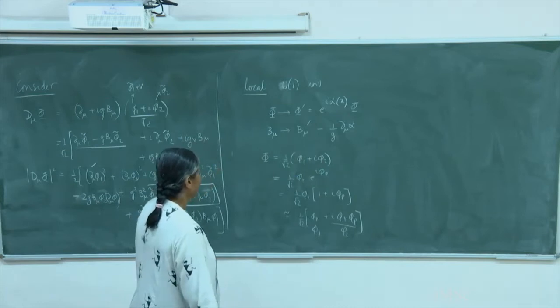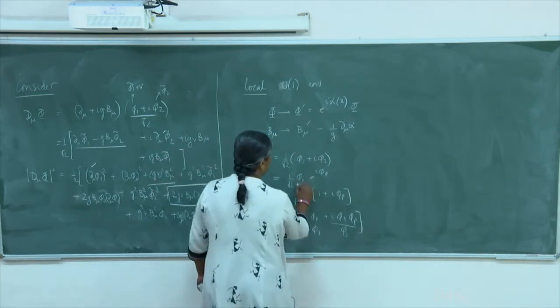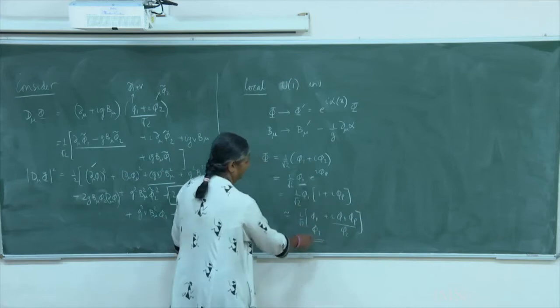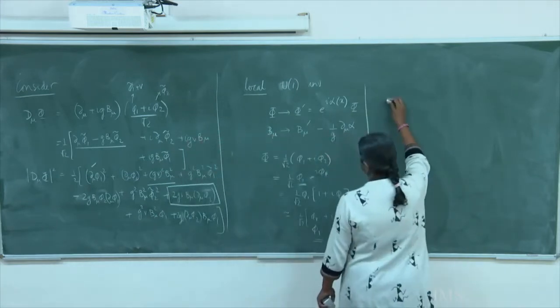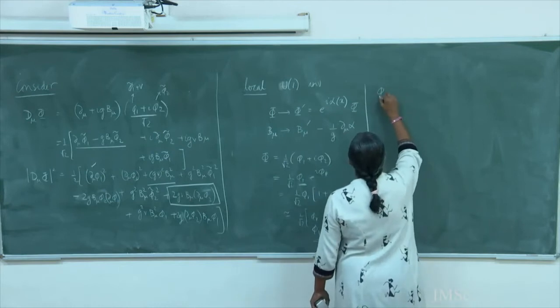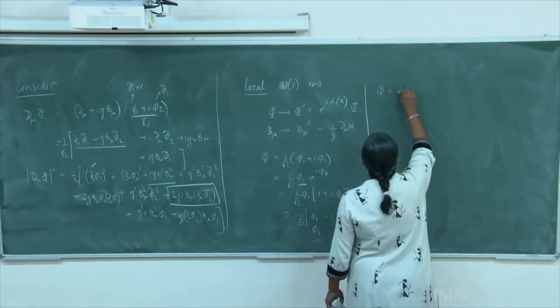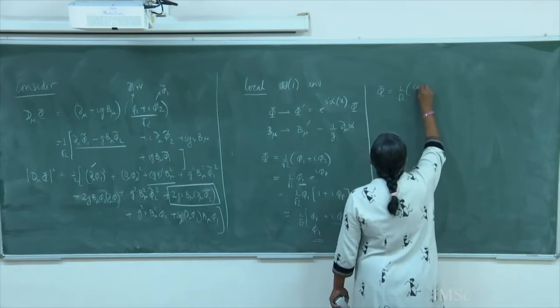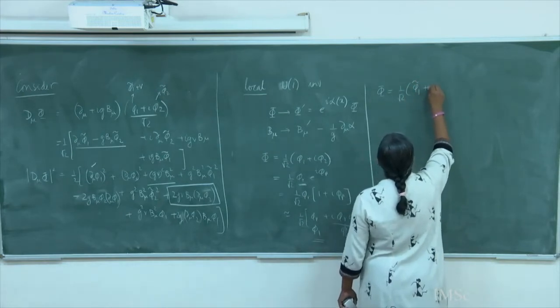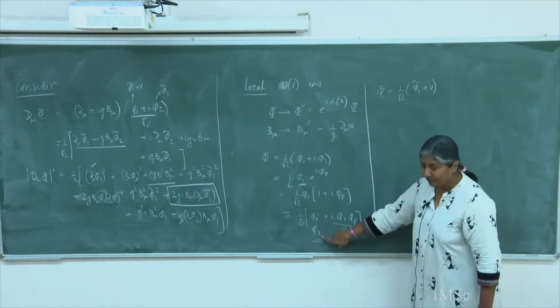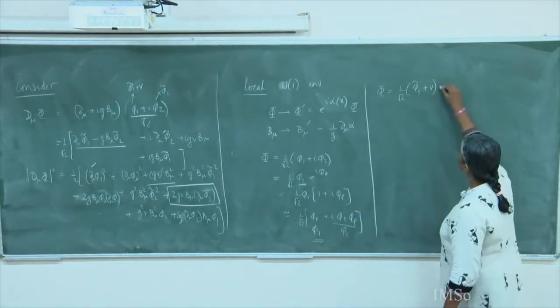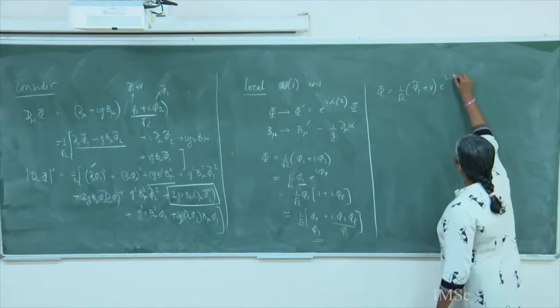So phi r I can identify as phi 1, which means that I can write phi again in terms of the phi tilde fields as 1 by root 2 into phi 1 tilde plus v. So I have just written phi r, which we had identified as phi 1, times some e to the I phi phase.